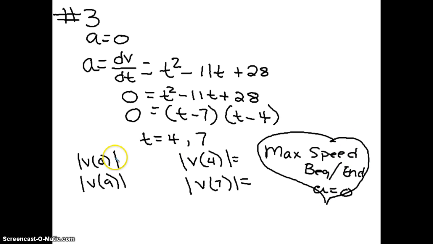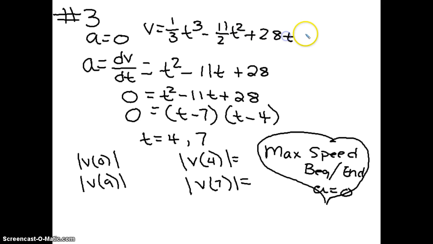So to find the speed at 0, we're going to sub 0 into the velocity equation, which was given to you. That was v equals 1/3 t cubed minus 11/2 t squared plus 28t minus 4. Subbing 0 in, we get a velocity of -4, but remember, speed is the absolute value of that, so that's 4 feet per second.